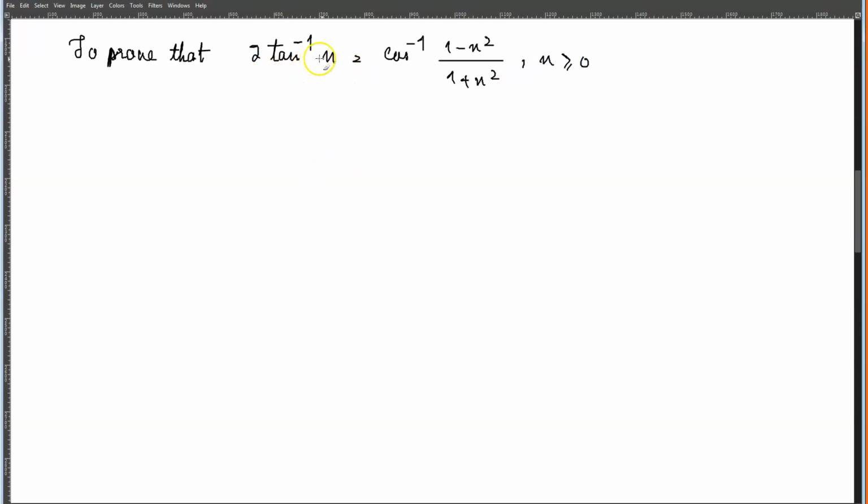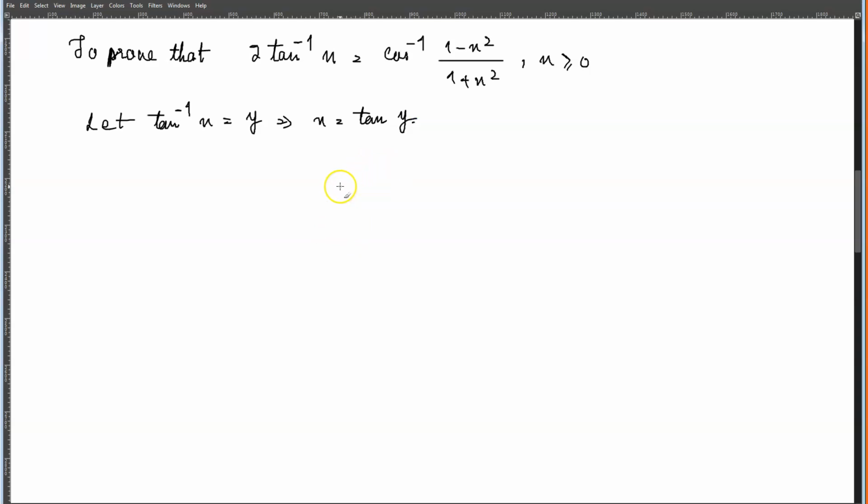Basically, if I say, for example, let tan inverse of x equal y, then that means x is equal to tan of y. Right? x is equal to tan of y.